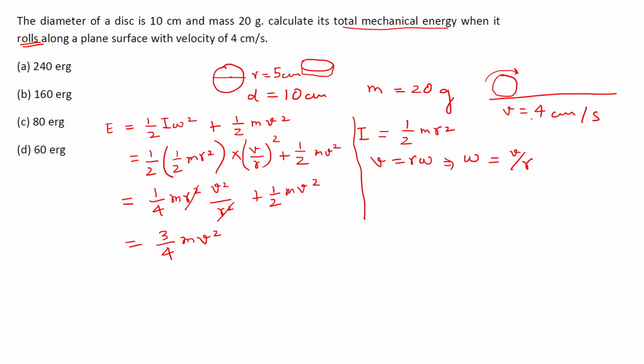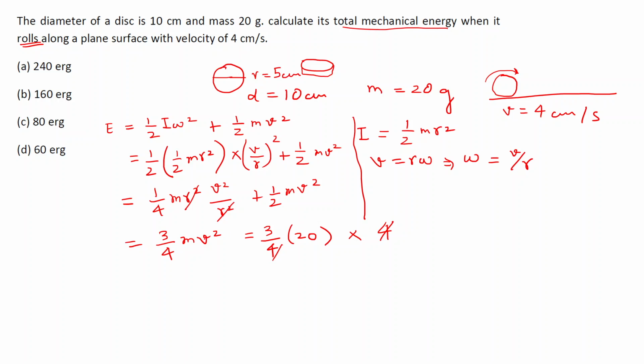Now substituting the value of v and r that we have been given. We have also been given the mass, right? Mass is 20 gram and v is 4 centimeter per second. Oh, we made some mistake.